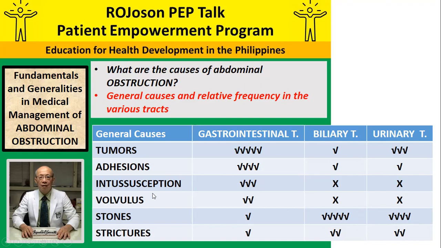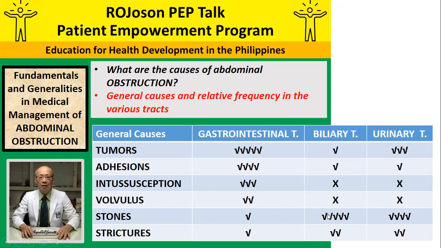Adhesions are usually seen in intestinal obstruction, gastrointestinal, and so is intussusception, usually not in the biliary tract or urinary tract. Volvulus is also seen in the gastrointestinal tract, but it's not as common as the tumor, adhesions, and intussusception. Volvulus is not seen in the biliary tract or urinary tract.